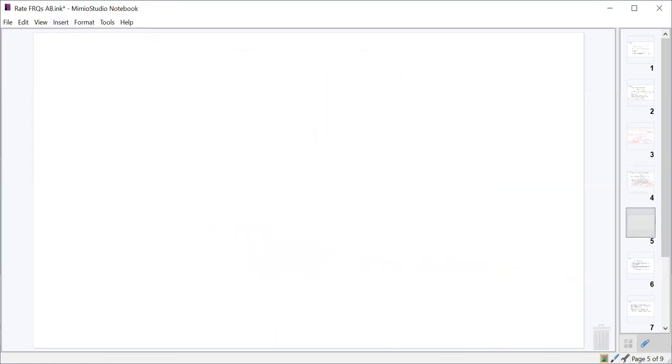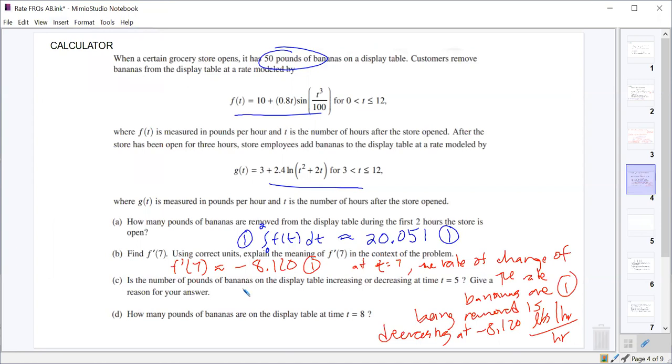So the number of pounds of bananas on the table should be the value of the integral of f minus the integral of g, but we want to know, is that increasing or decreasing? So really, we just want to know if f minus g is positive or negative when you plug in 5.